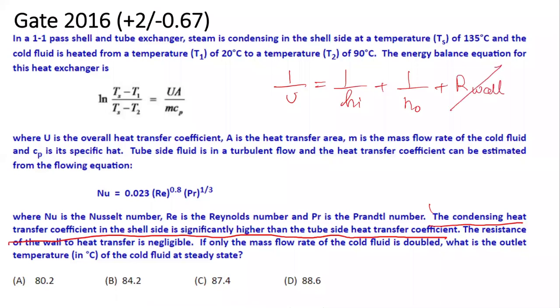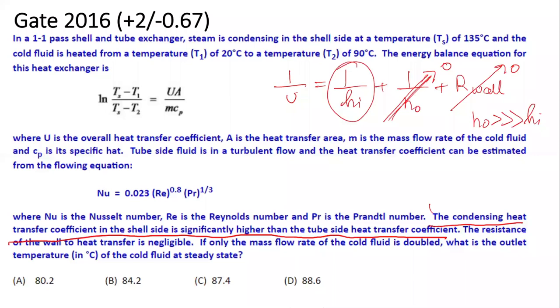They have said that this value is negligible, and the next thing that they have told implies that this value is very small as compared to this value, and hence this can also be neglected.